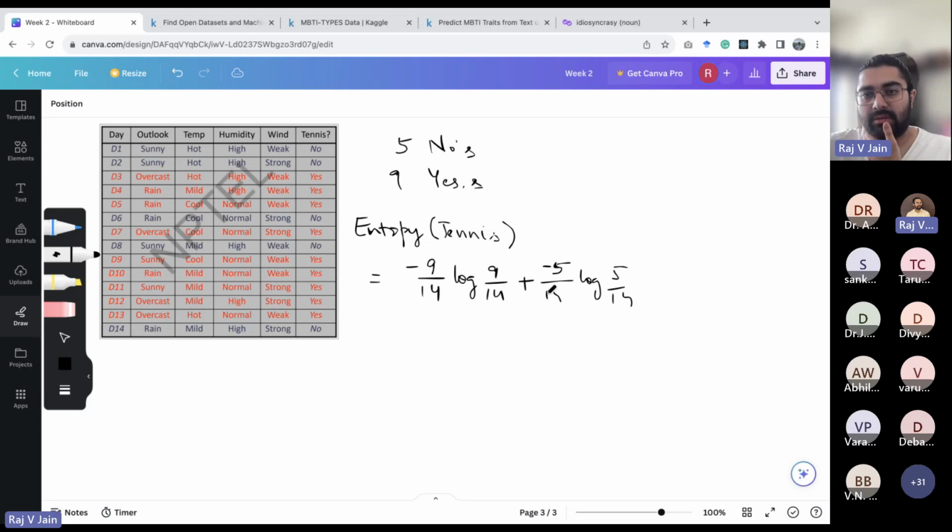The whole thing should be in brackets with the minus outside. Correct. So this is the entropy for the tennis variable, right?